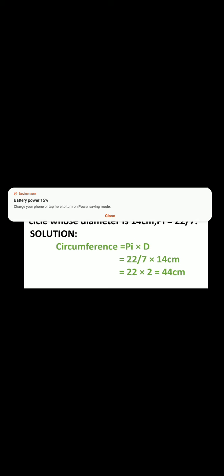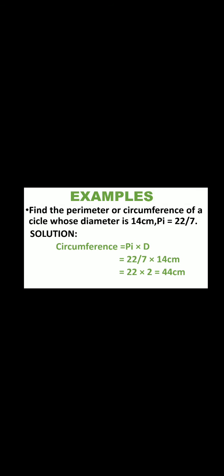They have given us pi as 22/7. So write your formula as pi times d, and multiply 22/7 times 14. Use 7 to divide 14. That will give you 2. 22 times 2 will give you 44 centimeters. That is that.